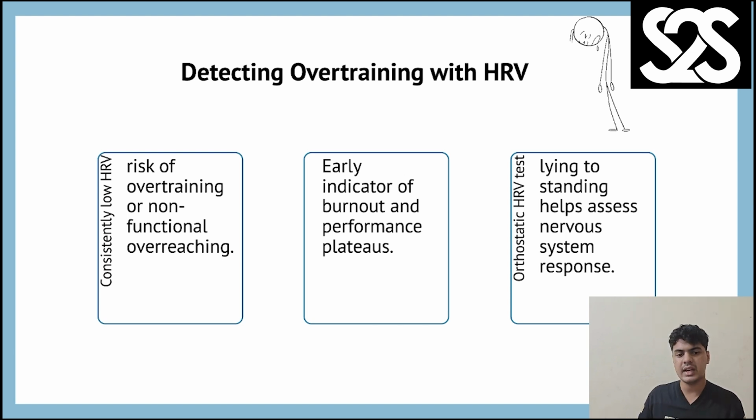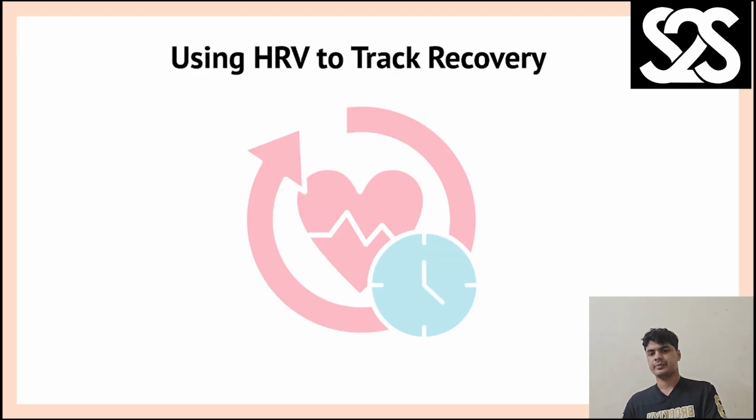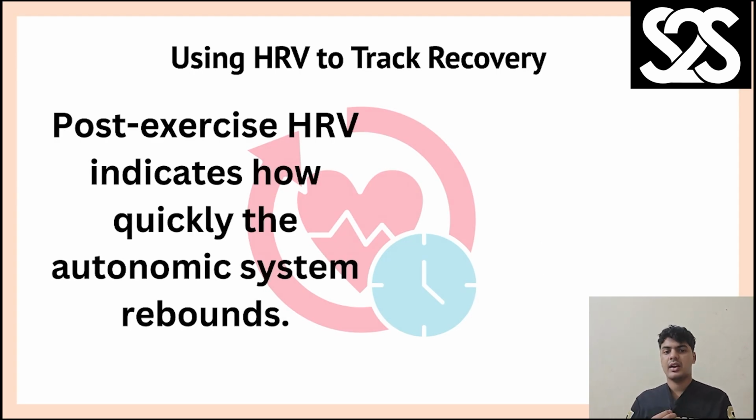So this orthostatic heart rate variation test is used to understand if they have recovered, and it can be used very easily to understand when they should stop the rest and go back to working out fully, or should they continue the rest period. So using it to track recovery, post-exercise heart rate variation indicates how quickly the autonomic system rebounds.